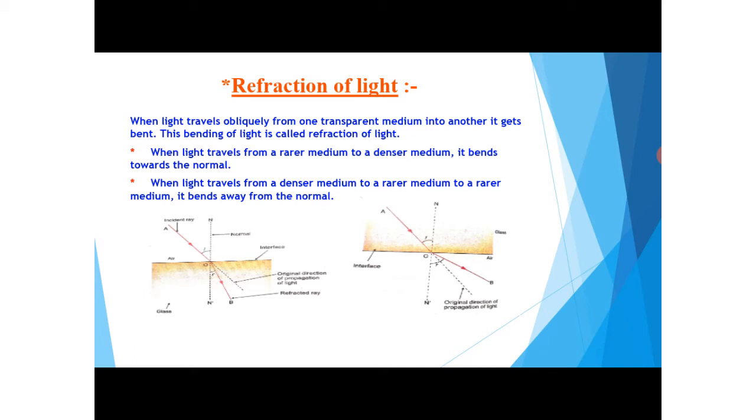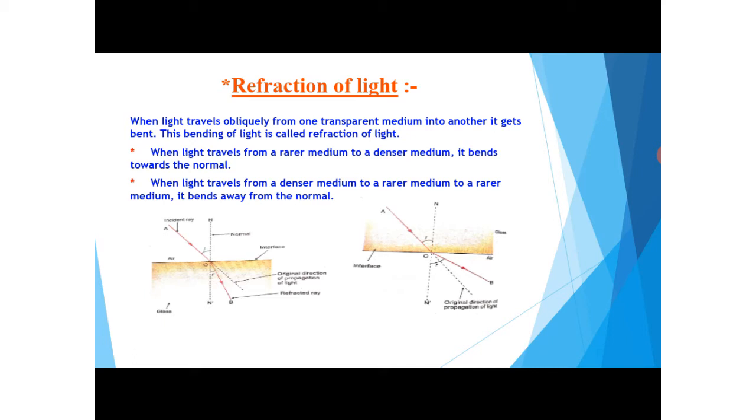Now the bending takes place. What is the basic cause of that bending? The basic cause of bending is the variation in the speed of light. As we already discussed, the rarer medium is one in which the density of particles is less. So the light interacts with fewer particles in a rarer medium, which means there is no interruption in its speed and it goes speedily.